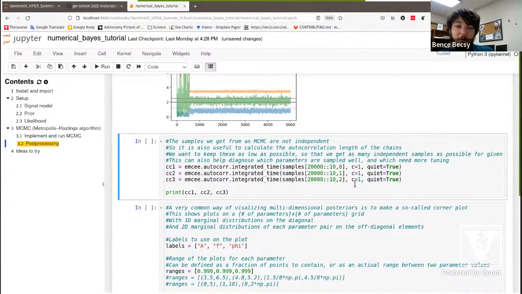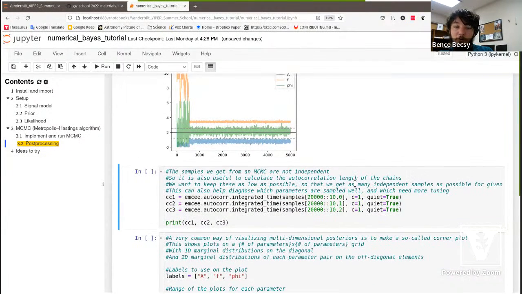So another thing to check is you can calculate the autocorrelation length, because we want these samples to be independent samples from the posterior, but of course they are not. There will be some correlations between subsequent samples.